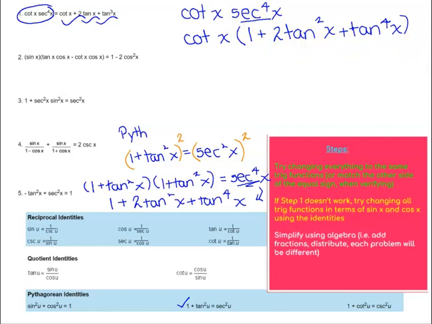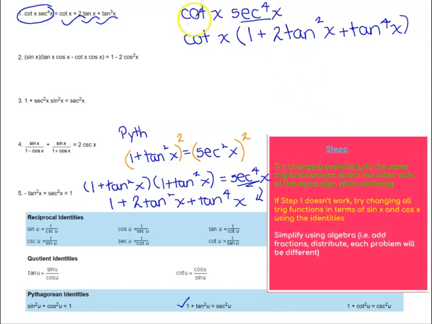And then keep in mind, the general steps are you try to change everything to the same trig function, which in this case, I'm using the right side as my guide, so I'm changing all the trig functions to match everything on the right. If step one doesn't work, meaning you can't change cotangent or secant into tangent, try changing everything in terms of sine and cosine.